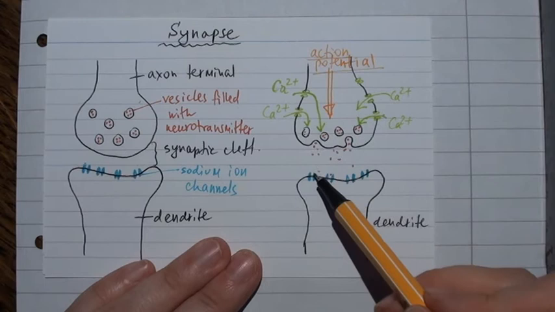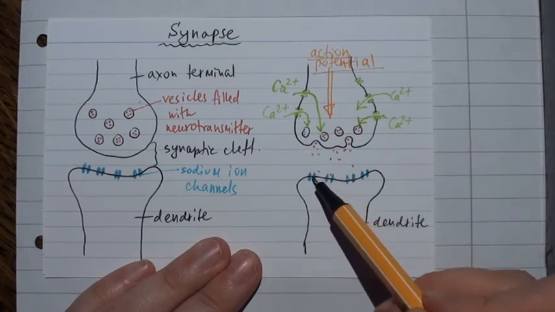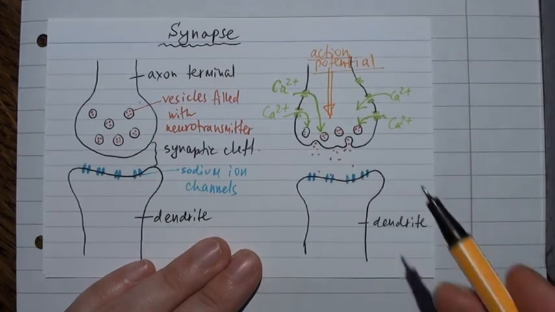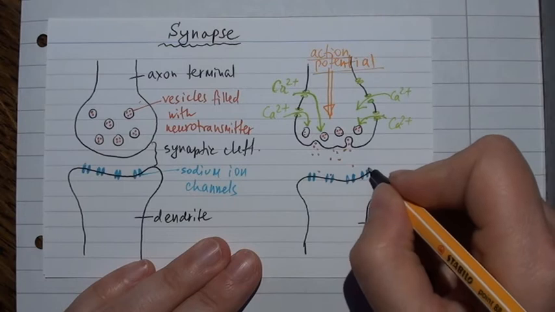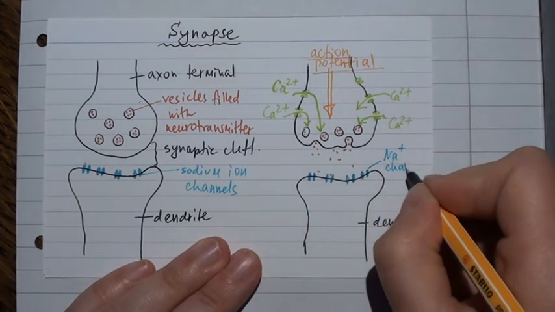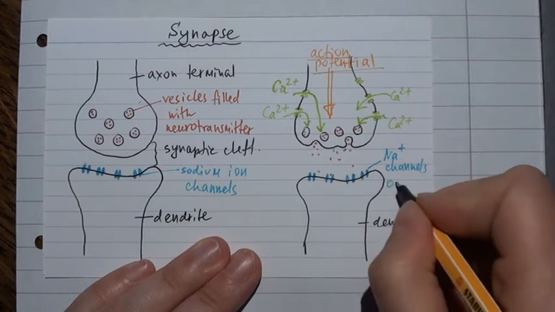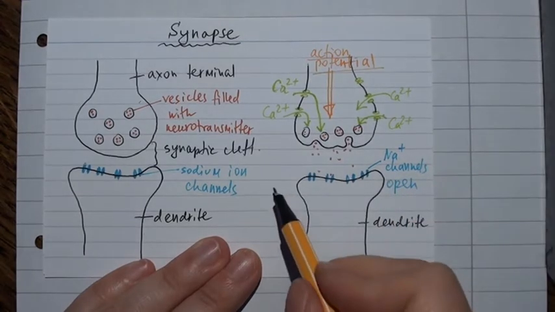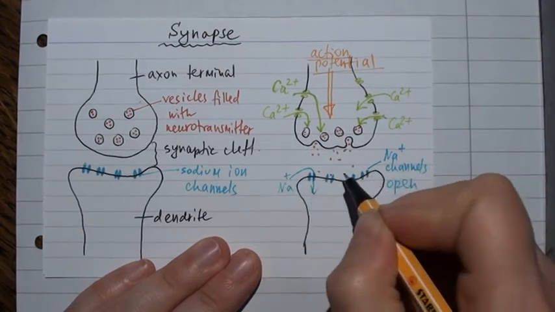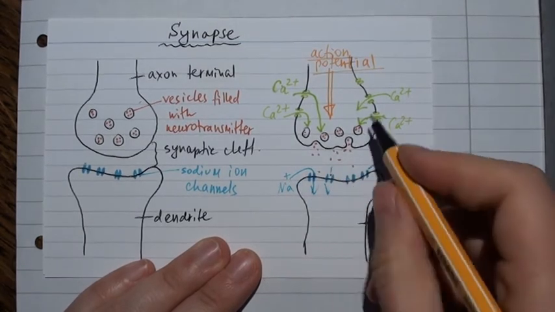And when neurotransmitter gets to this end, what it actually does is open those sodium ion channels. So neurotransmitter causes the sodium ion channels to open. And as soon as they open, sodium ions get in, and we talked about it before.